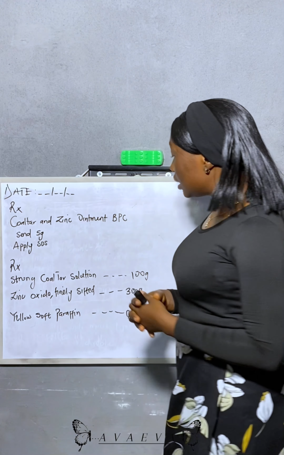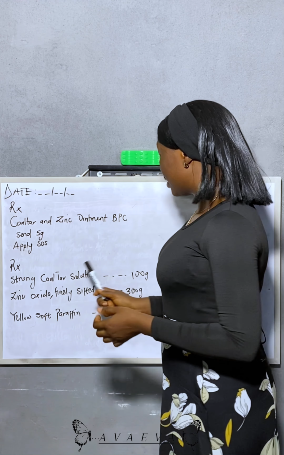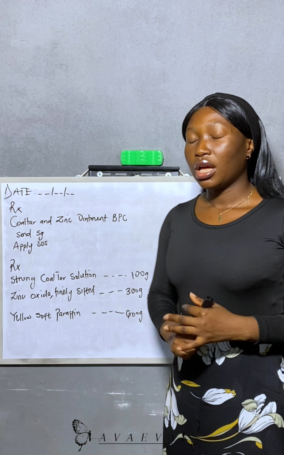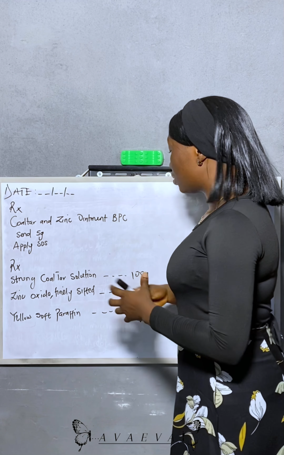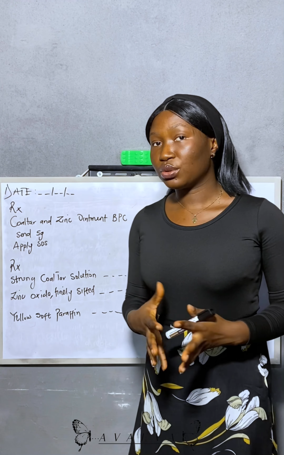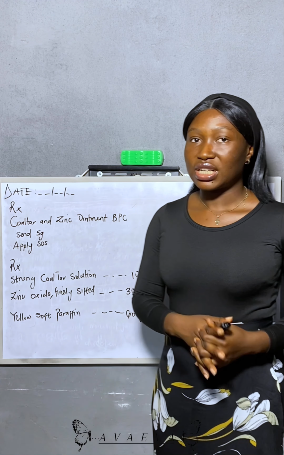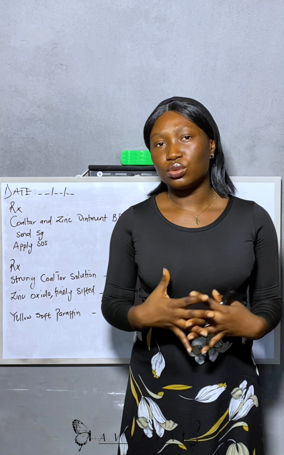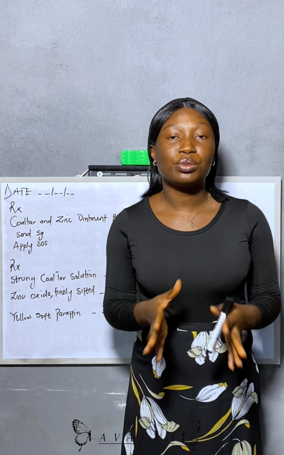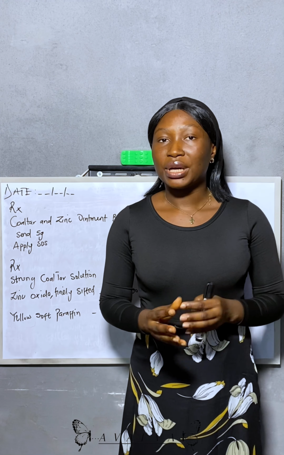You could also see from here that strong coal tar solution 100 gram is a bit off, because solutions are meant to be given in mils, but this is given in grams rather. These are some necessary things you can pick out if you closely observe your ingredients for incompatibilities.